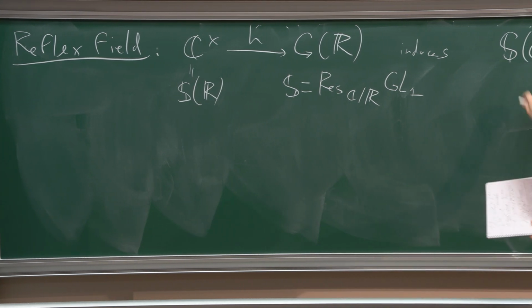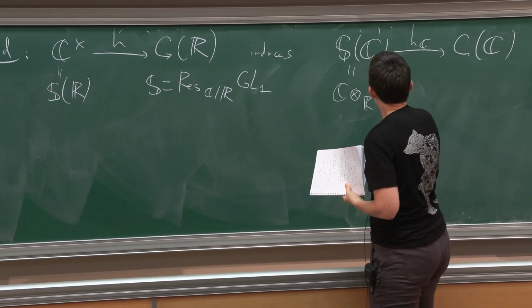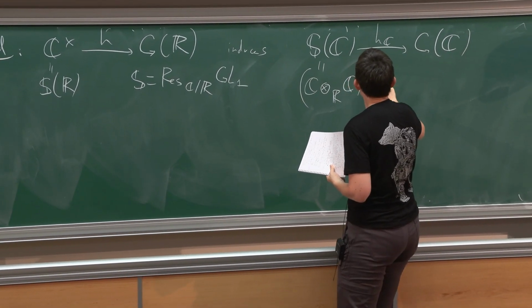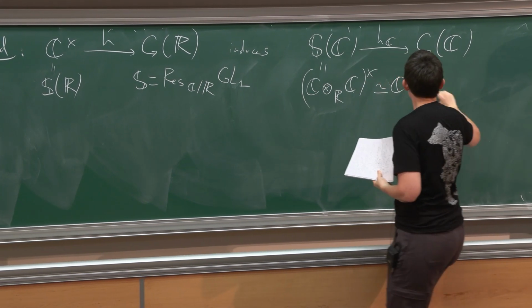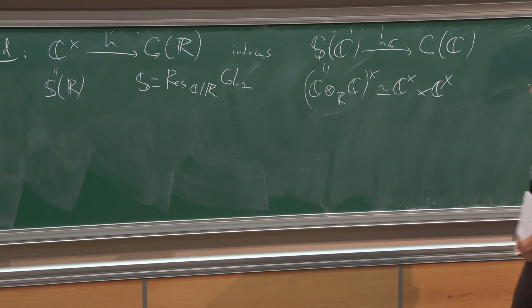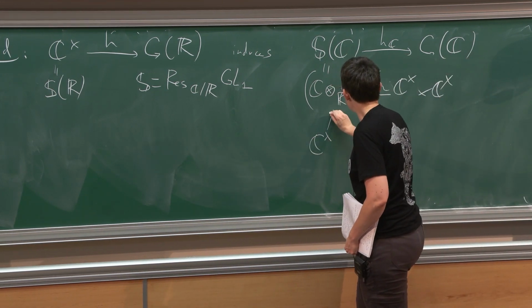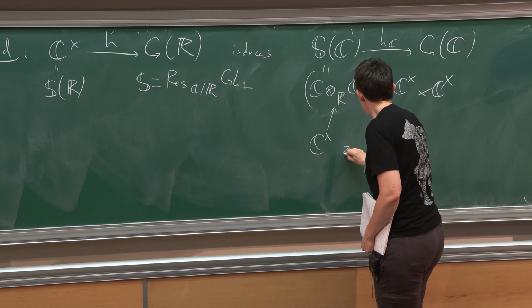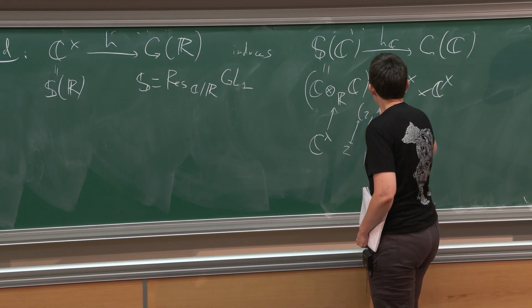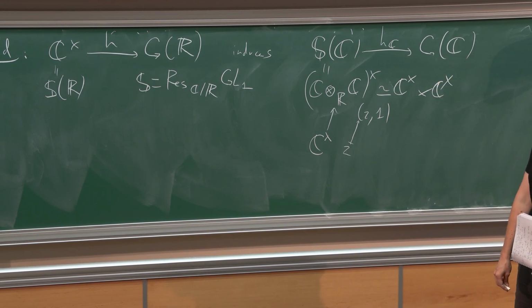Okay, but S of C is, as an exercise, actually C cross times C cross. So we're going to look at the first factor. And here I didn't tell you what the two factors are, so this is totally meaningless.